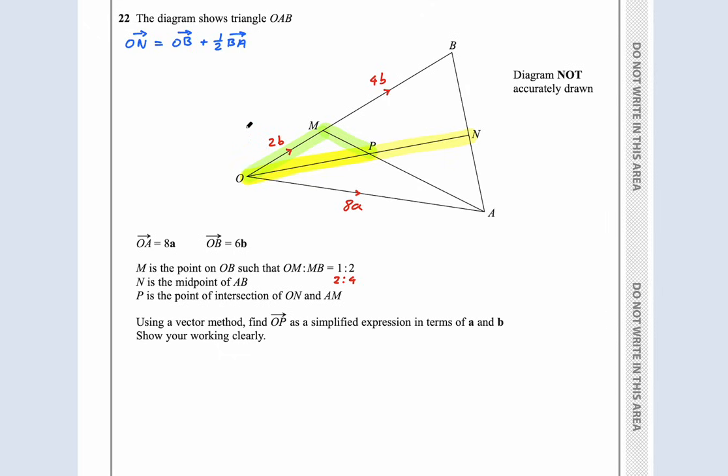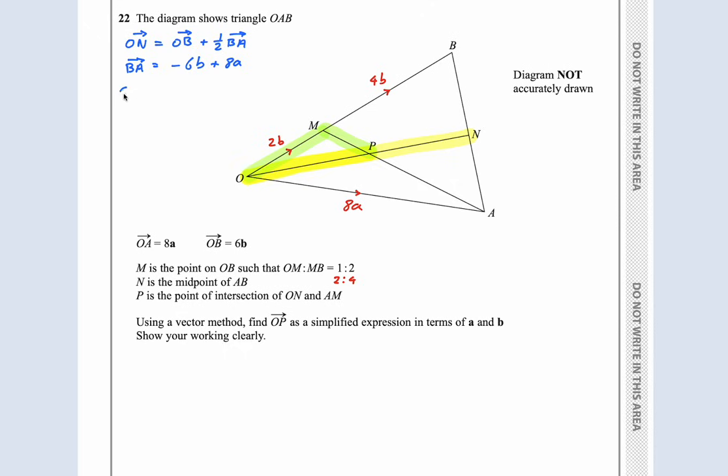Now we don't have BA, but I can find it. BA is minus 6b because I'm going to go that way. So I need to go minus 6b to get to O, and then I'm going to plus 8a because I'm going to add on the 8a. Minus 6b plus 8a. So that's BA.